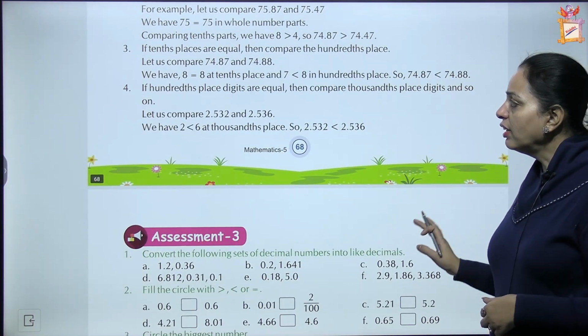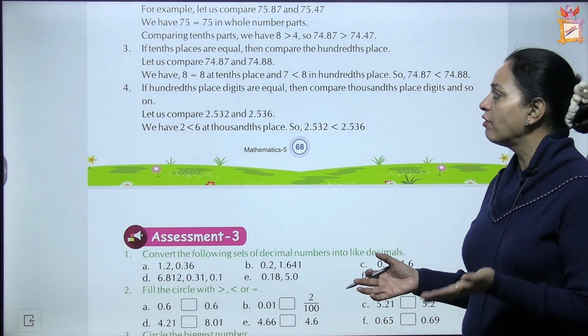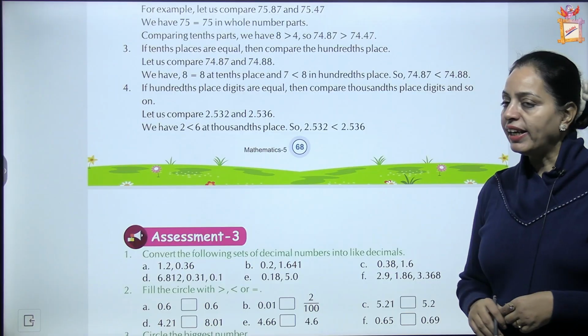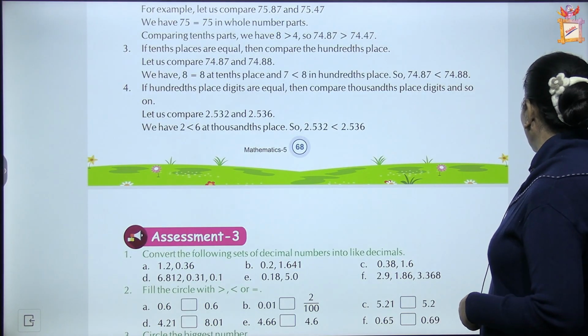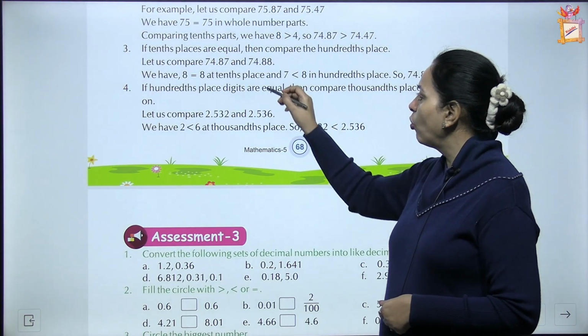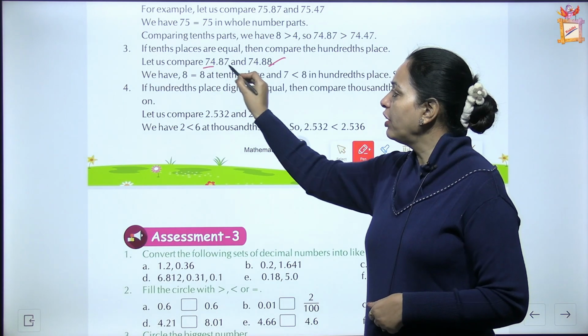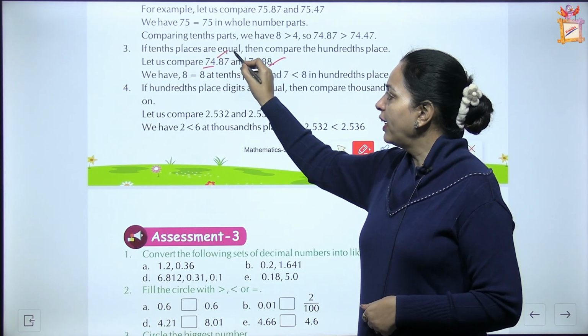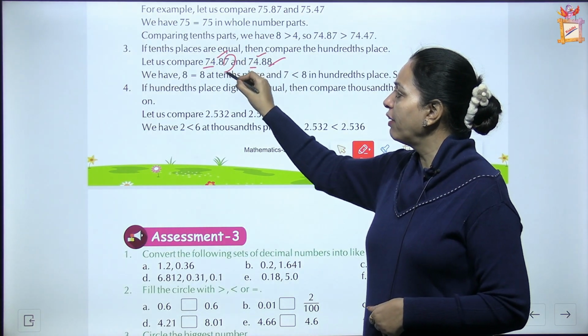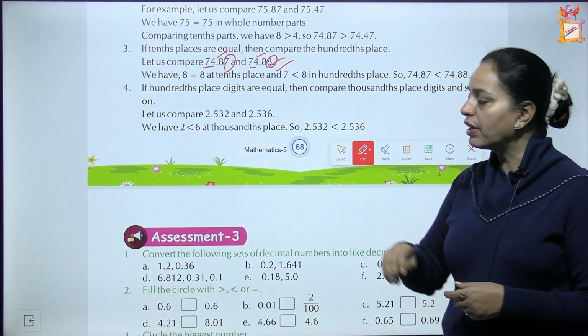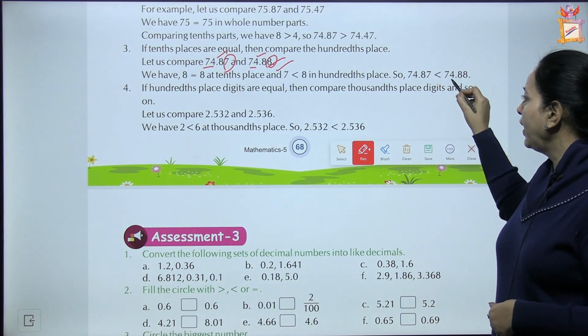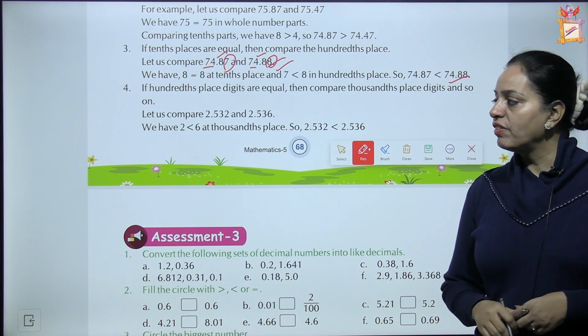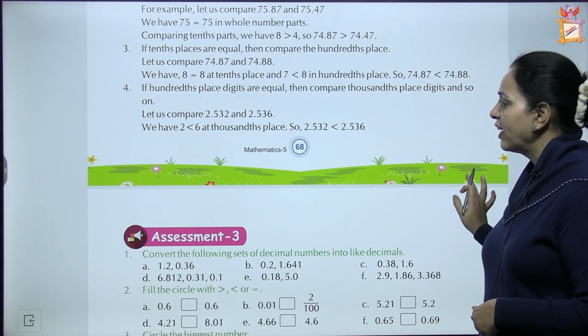The third, if the tenth place is equal, then we have to compare the hundredth place. Like let us compare 74.87 and 74.88. So 74 same. Tenth digit same, compare hundredth, 7 and 8. This is bigger. So 74.88 is greater than 74.87.